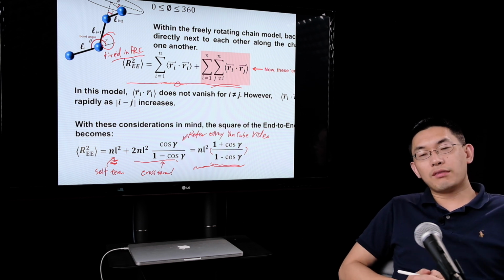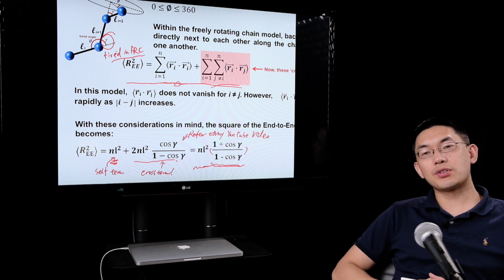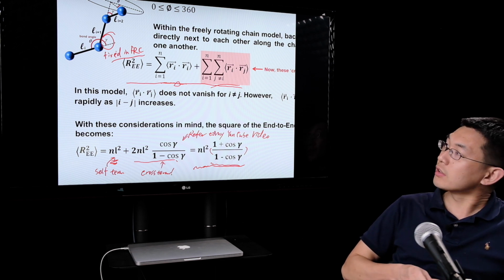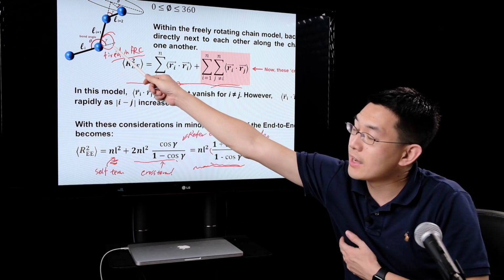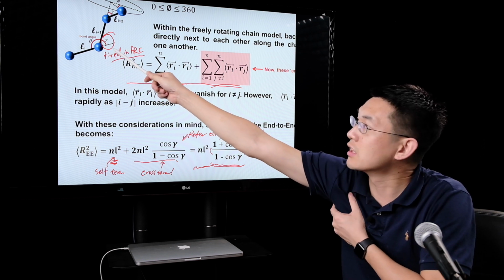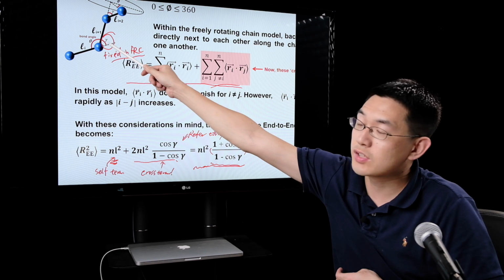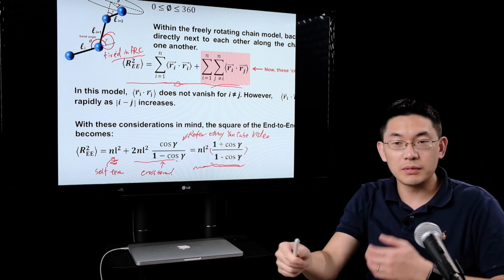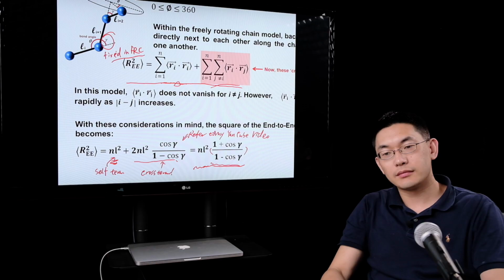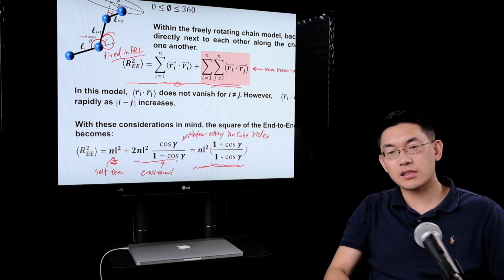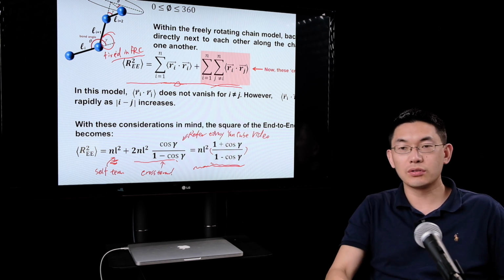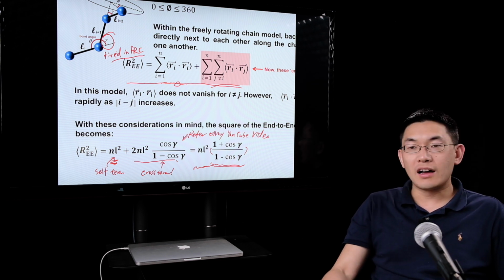So let's plug in a few numbers to help everybody understand it. What if this bond angle shown here is fixed at maybe 60 degrees? Okay, so you can see the cosine 60 degrees would be equal to a half.